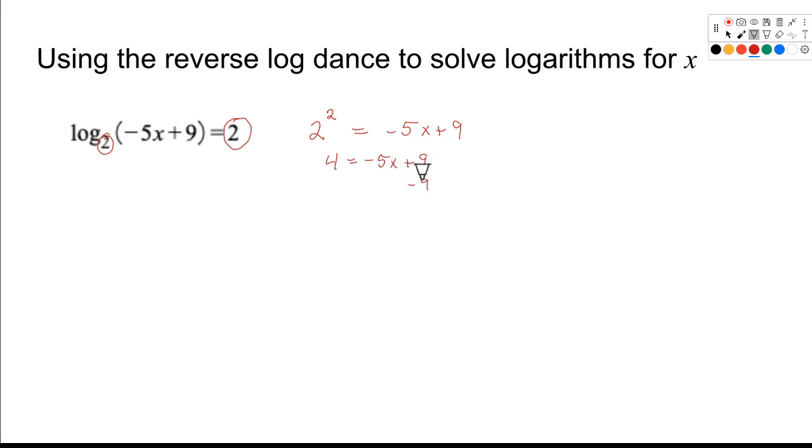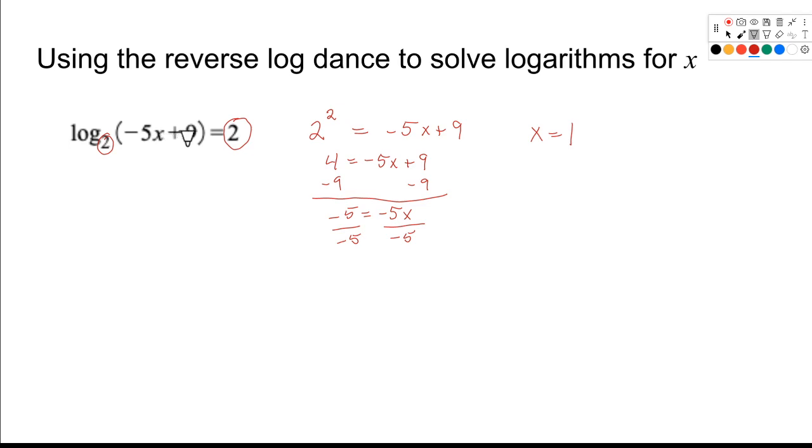We would subtract 9 from both sides. 4 minus 9 is negative 5. 9 minus 9 is 0. And then we just divide both sides by negative 5. And we will have solved for x. This is a factor of 1. This also is a factor of 1. So we get that x equals 1.